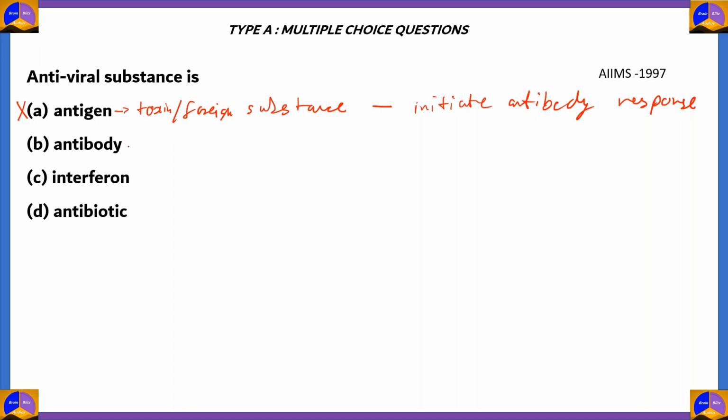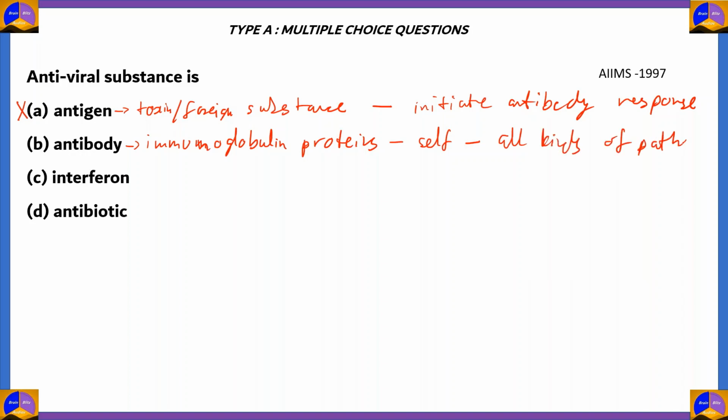Option B, antibody. Now, antibodies are made of immunoglobulin proteins, and these immunoglobulin proteins are produced by self. So the body itself produces these immunoglobulin proteins which act against all kinds of pathogens.